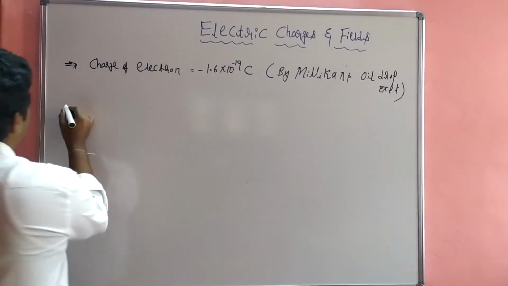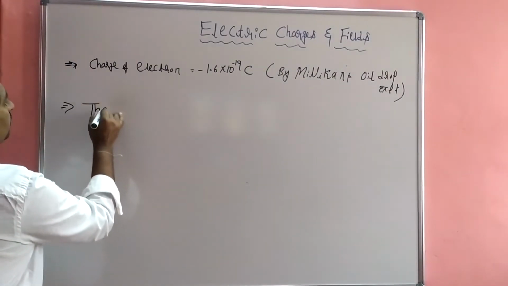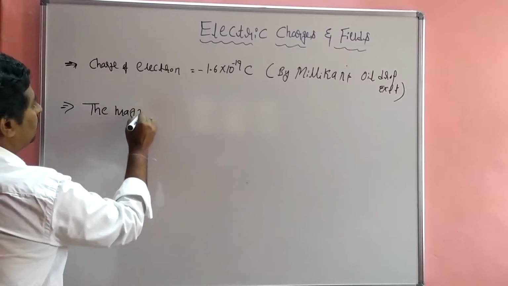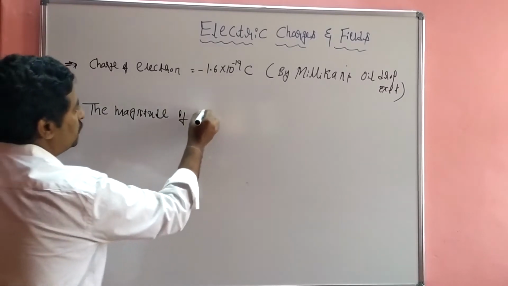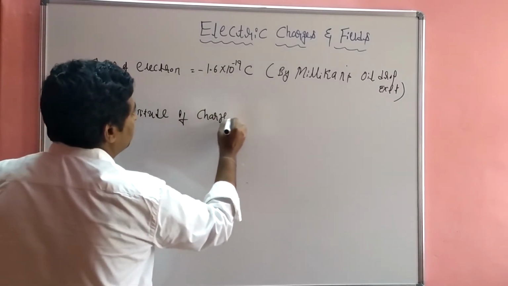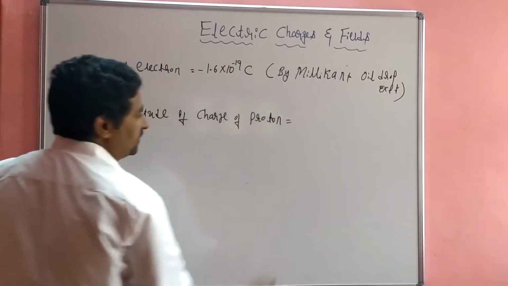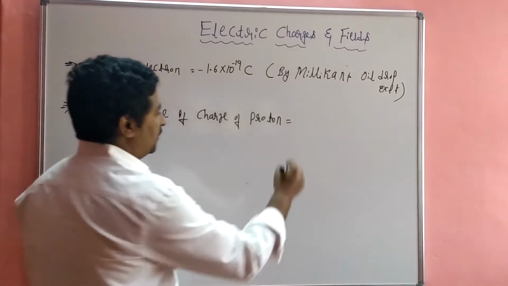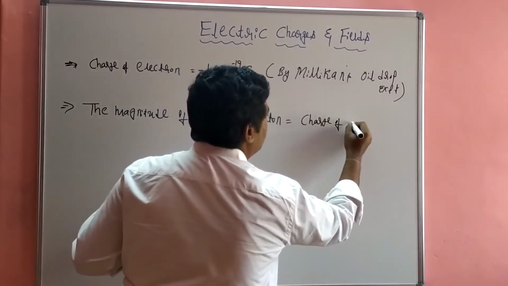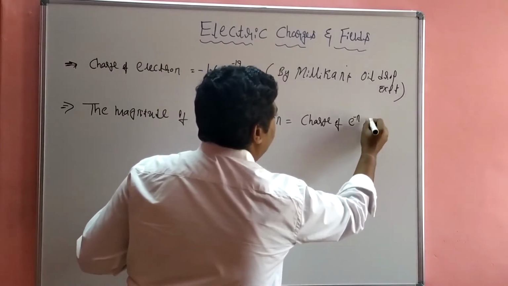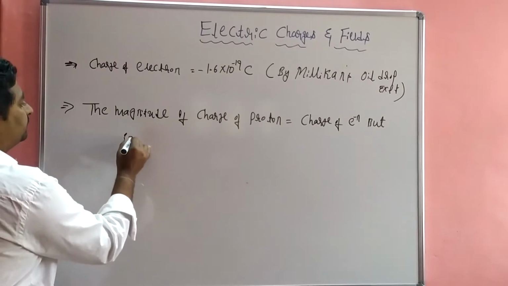The magnitude of charge of proton is equal to the charge of electron, but in opposite sign.